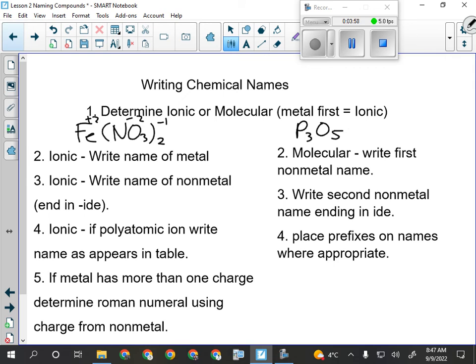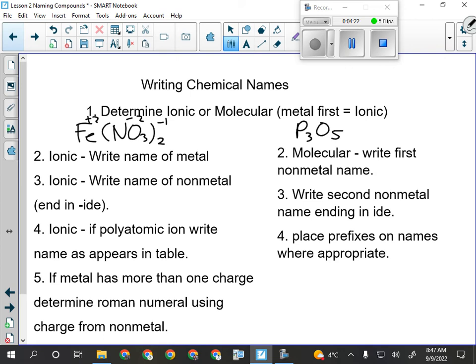If I get that instead, is that ionic or molecular? It's molecular. Phosphorus and oxygen are both non-metals. So in that case, I follow the molecular rules.